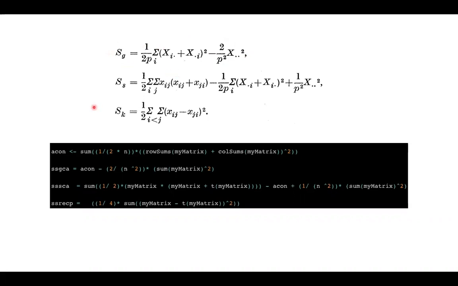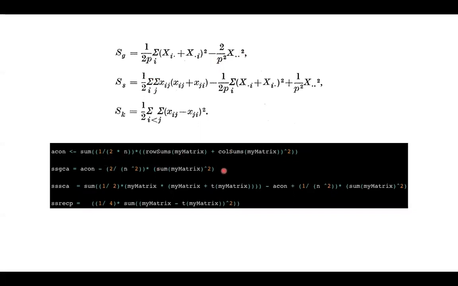And I want you guys to see that in the code that I'll be providing after this workshop, you can literally just go and check it is the same thing here. For example, the sum of squares for GCA is this quantity here, which is expressed here, minus this quantity here, which is this quantity here. So it will make more sense in our coding when we are running those things.